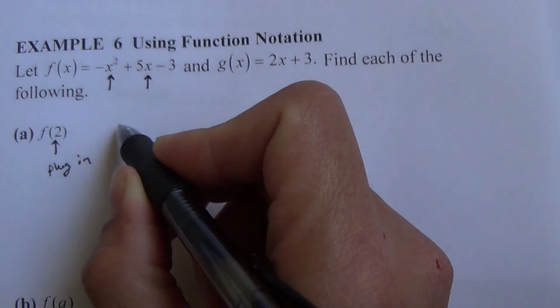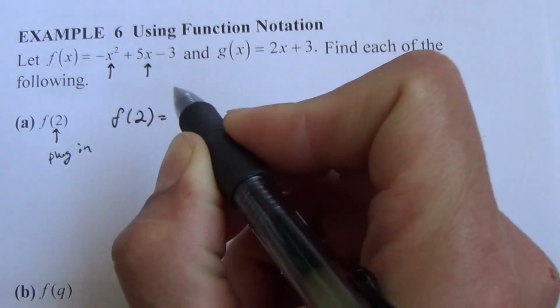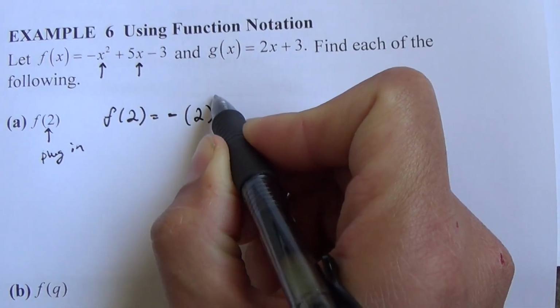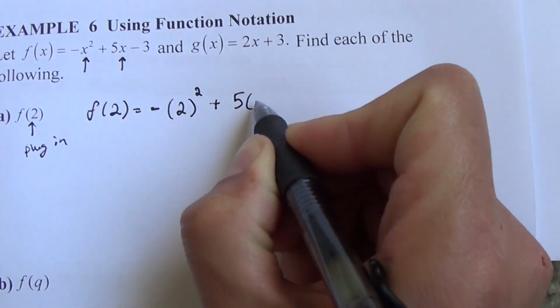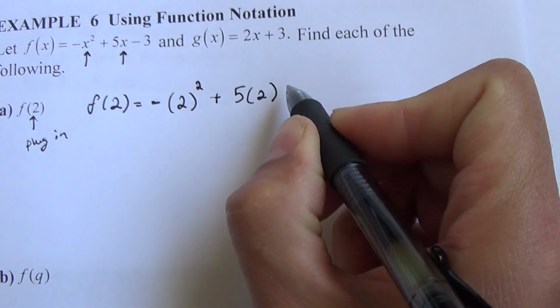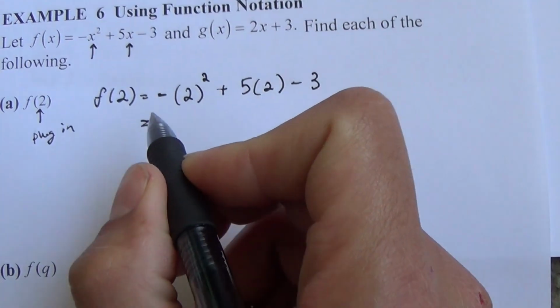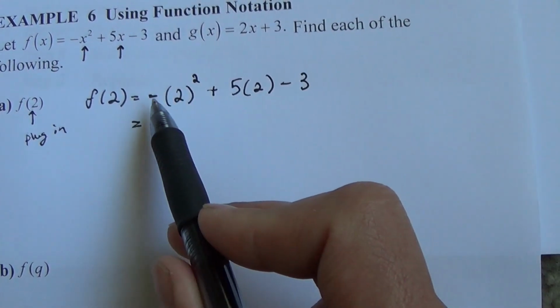For part A, we first have to write f of 2 is equal to, then I'm going to plug in the 2, but remembering to use parentheses when we plug in the value of 2. Okay, so we're going to start from left to right.